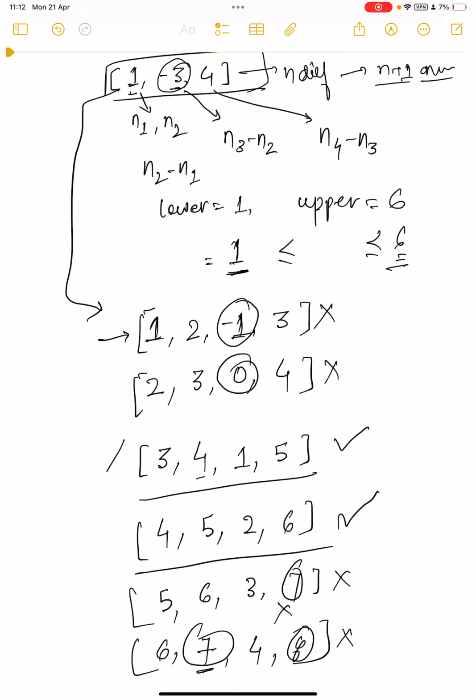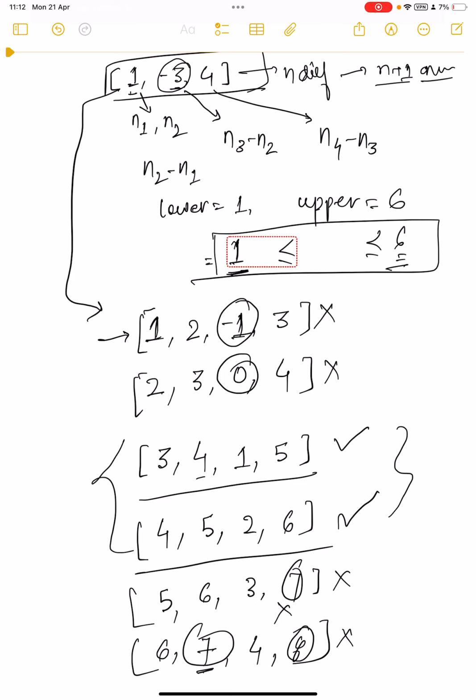So we see we tried all the numbers which lie between the given range, lower and upper. After this, we found two valid possible sequences, so the answer becomes 2.